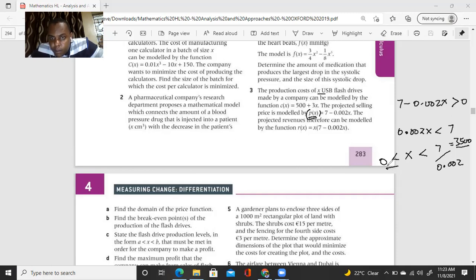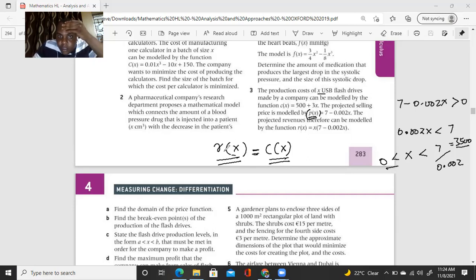If you take the revenues minus the cost, when these two are equal, then that is a break-even point. In business, a break-even point is when you return your money. So if you invested Cx and then you return Rx, if the two are equal, then you are at the break-even point.